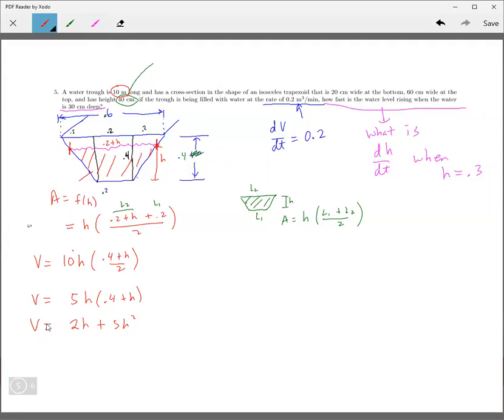Now we have an equation that relates the volume with the height. So now we take the derivative. This becomes dV/dt. This one becomes 2 dh/dt. And this one, you have a 2 come down, so that's 10h, and then by chain rule, that's dh/dt.